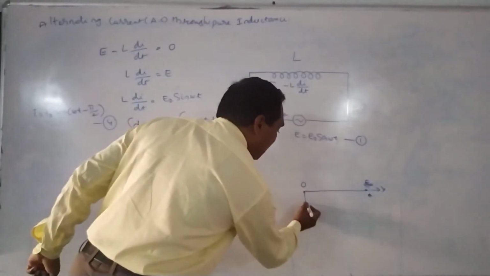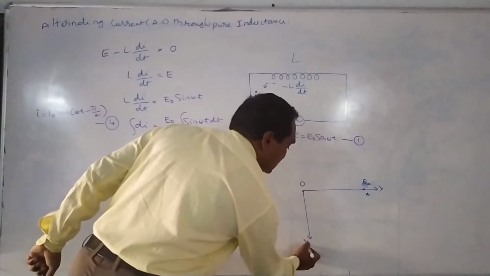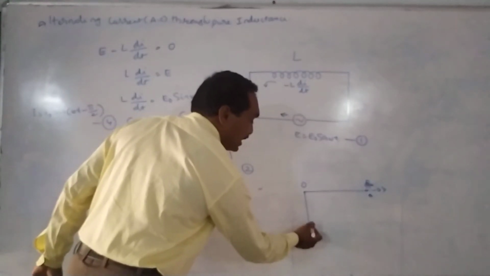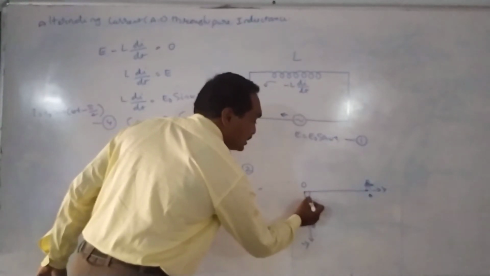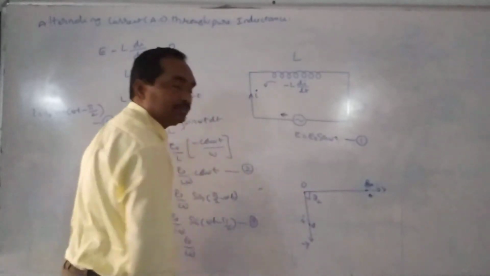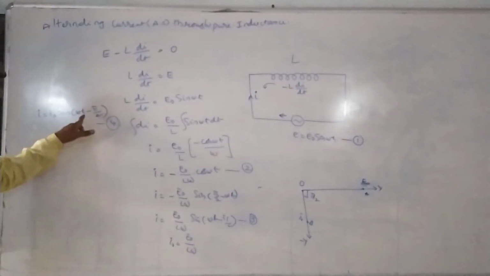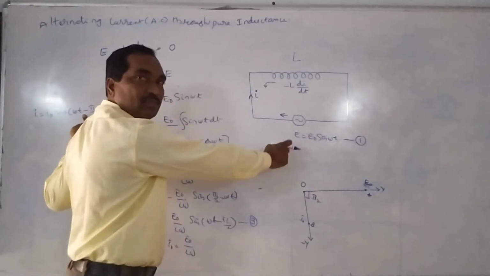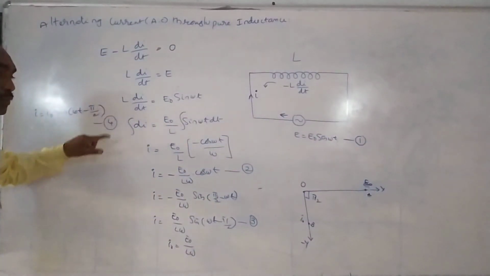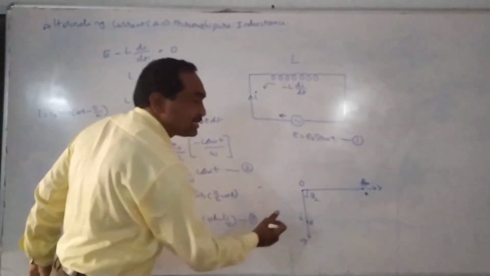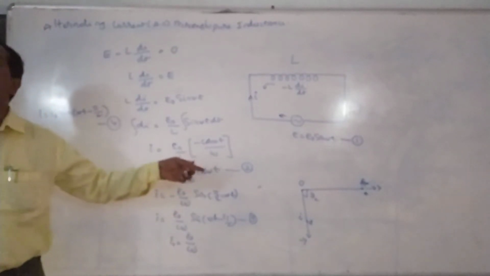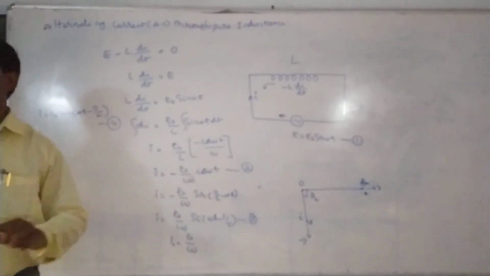It is along the minus y-axis. If we take it as B, this is I naught, and this is the angle pi by 2. If it is plus pi by 2, it is along the positive y-axis, but there is a minus pi by 2, so this is along the negative y-axis. This is the vector representation of the alternating voltage and alternating current.